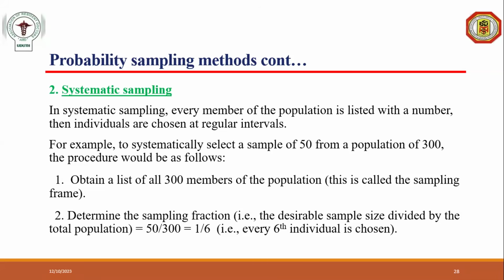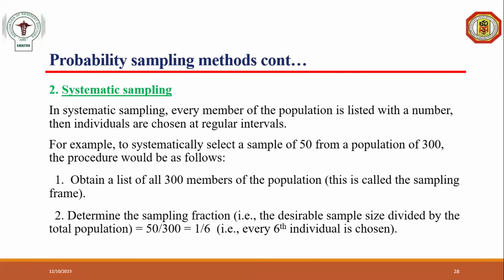For you to select 40, you have to calculate what we call the sampling fraction or sampling interval. Sampling fraction is equal to your sample size divided by the sampling frame.